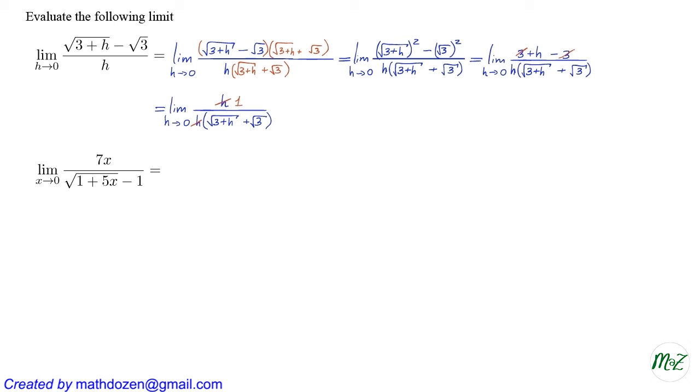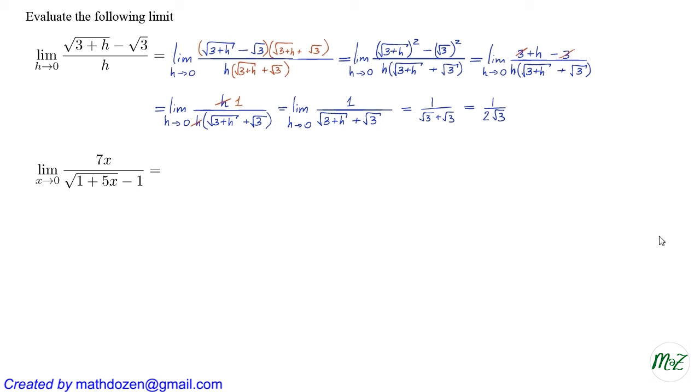This is where we get to cancel out h, and we have the limit as h approaches 0 of expression 1 over the square root of 3 plus h plus the square root of 3. And in this form, we don't have division by 0 problem. So if we plug in h equals 0, we're looking at 1 over 2 times square root of 3 as the answer to this limit.